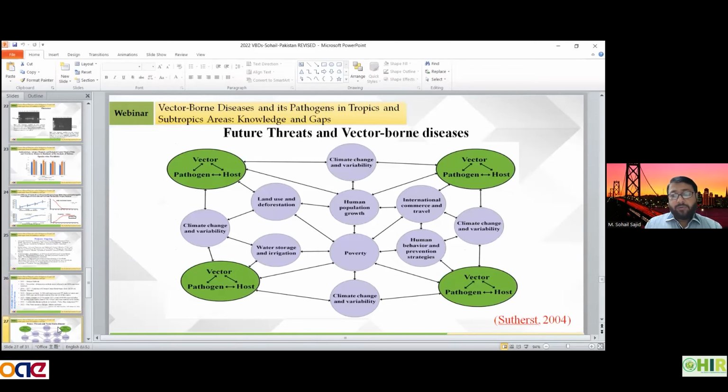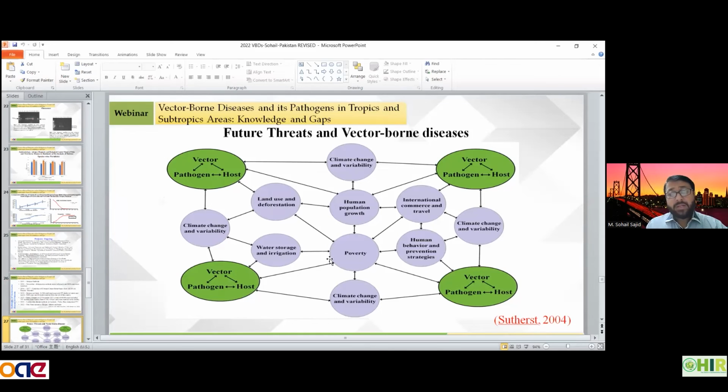So if we talk about the future threats of vector-borne diseases, it is very complex, and this paper, although it is very old, covers a bunch of factors which could be correlated with vector-borne diseases. It includes climate change variability. It includes land use and deforestation as a factor, which can directly impact the vector, as well as go through an indirect way through climate change, leading to vector propagation.